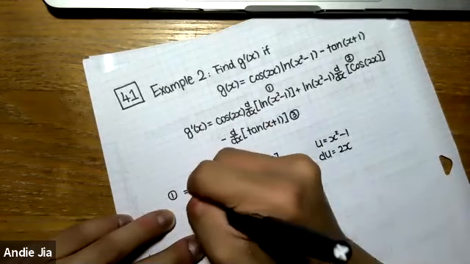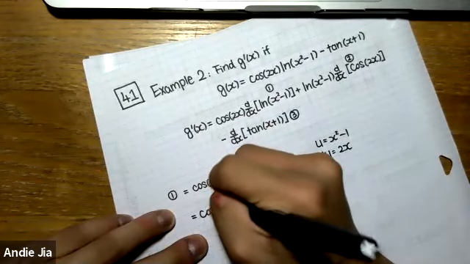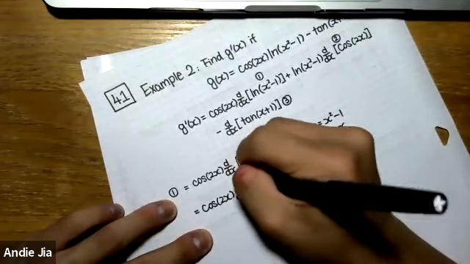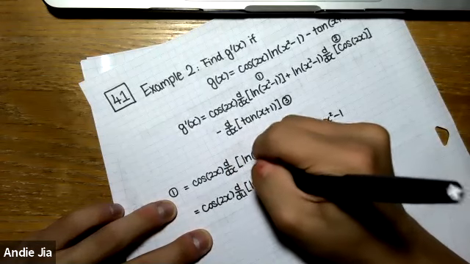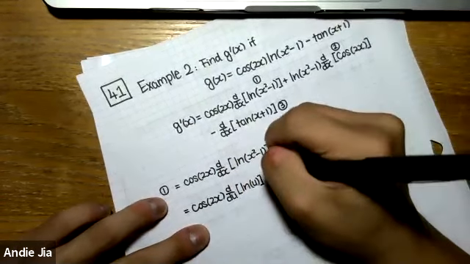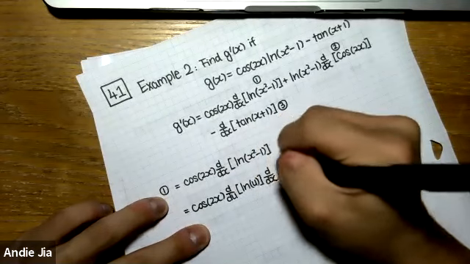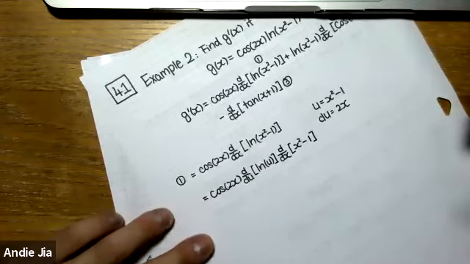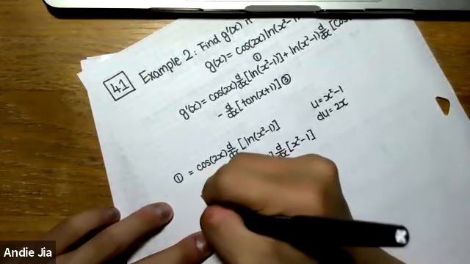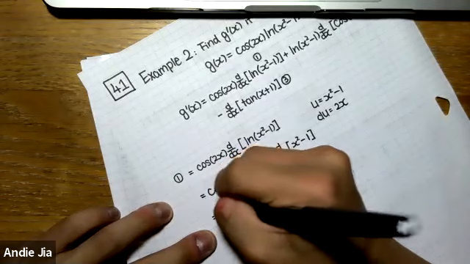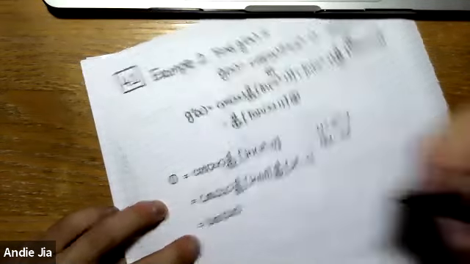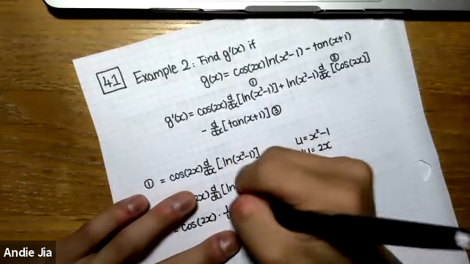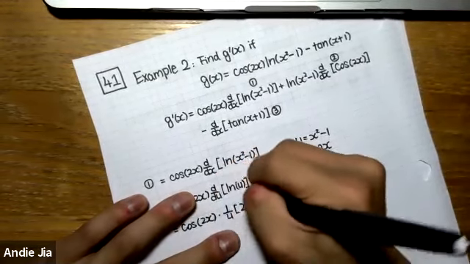So it equals cosine of 2x times d du of natural log of u times d dx of x squared minus 1, which is cosine of 2x times 1 over u times 2x.